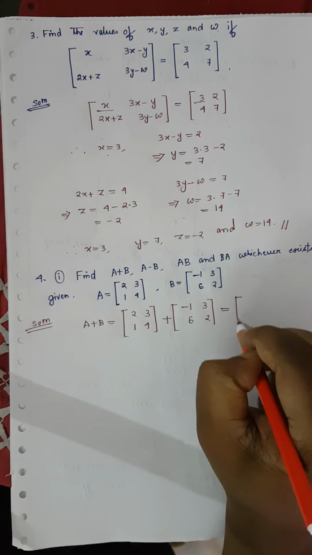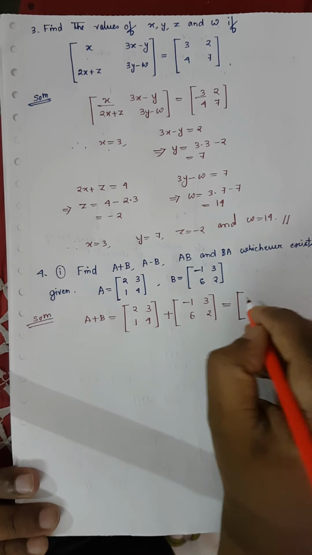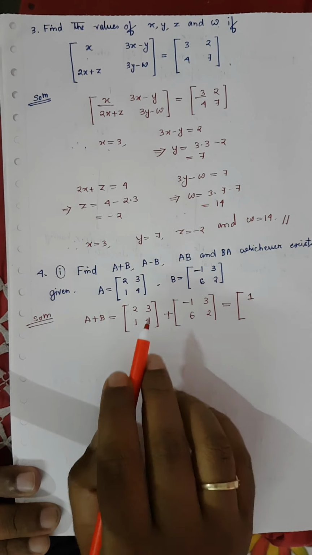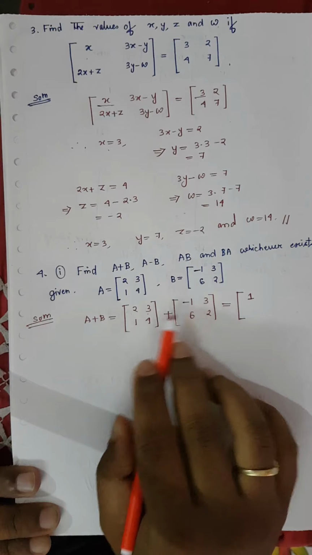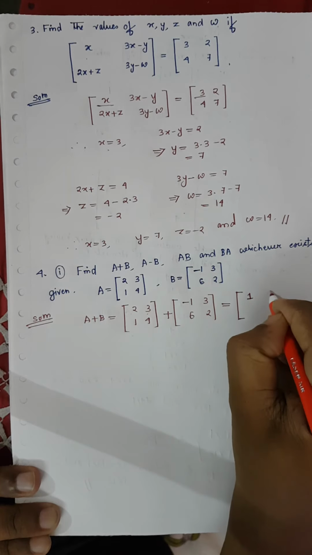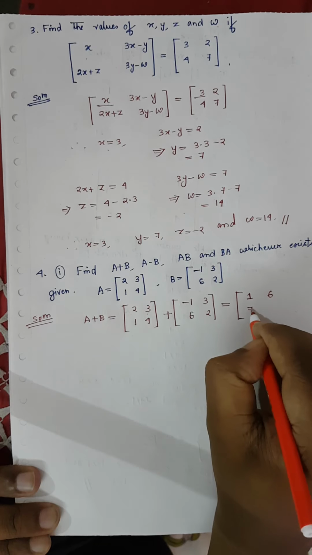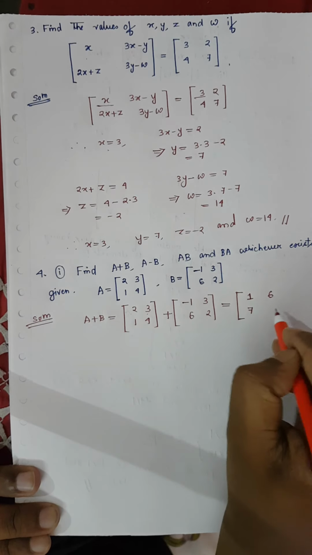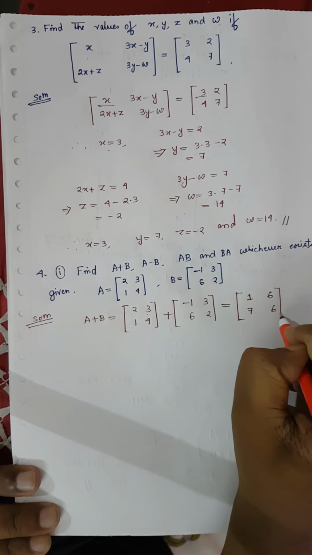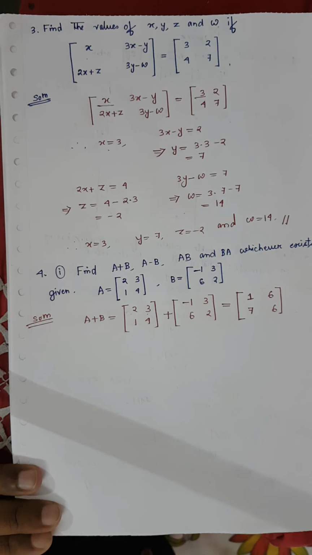So if I find their sum, what is 2 minus 1? It is 1. Now 3 and 3 are also corresponding elements. Find their sum, it is 6. 1 and 6, find their sum, it is 7, and 4 and 2, it is 6. So when I find the addition, it takes place among the corresponding elements.